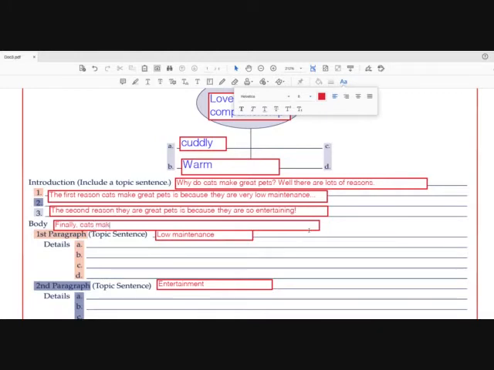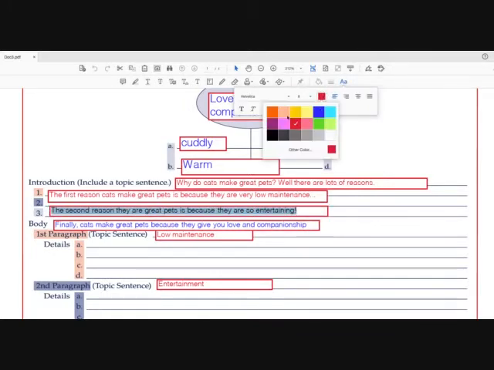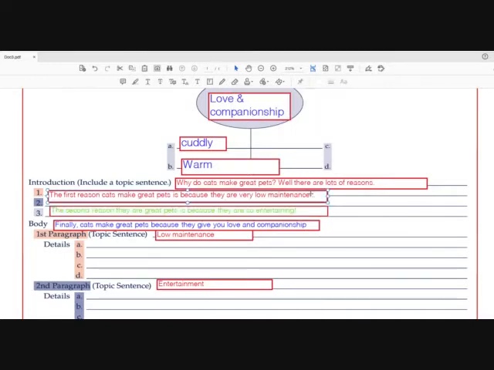Finally, cats make great pets because they give you love and companionship. Okay. And I'm going to color code these in there just for fun. That stays right. Okay.